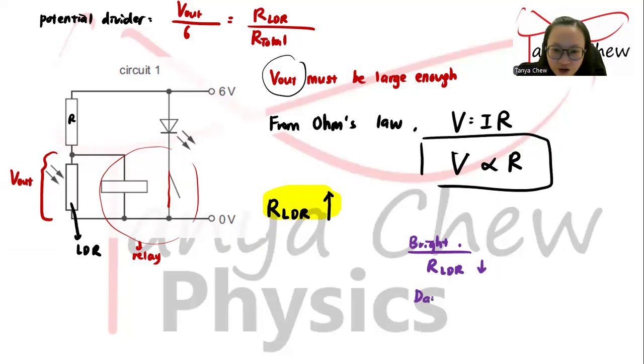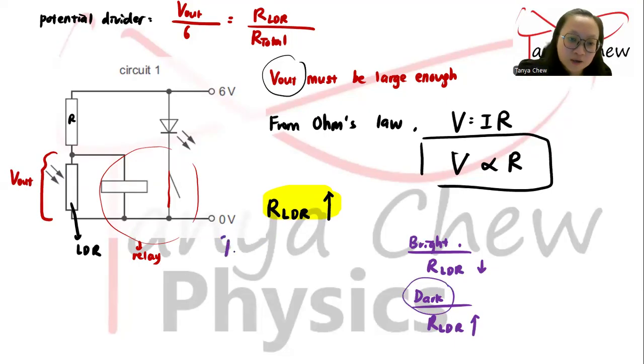But during the dark time, the resistance of the LDR is high. So in order for the resistance of the LDR to increase, the condition for this LDR must be dark. So dark. I'll put a star there and highlight this. Dark. I need dark.